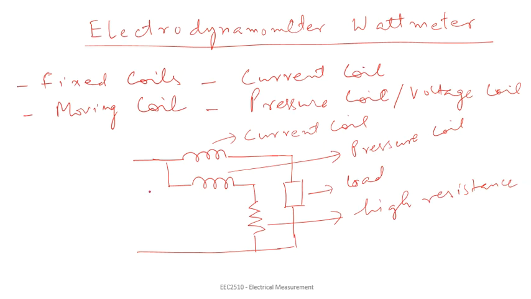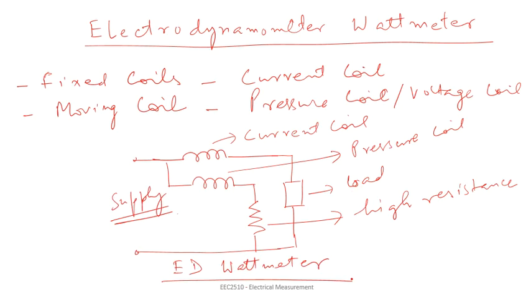These are the terminals across which we can give supply to this circuit. So this figure shows the circuit diagram for the electrodynamometer wattmeter.